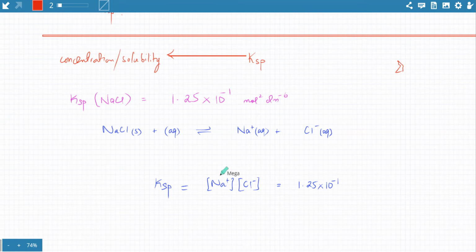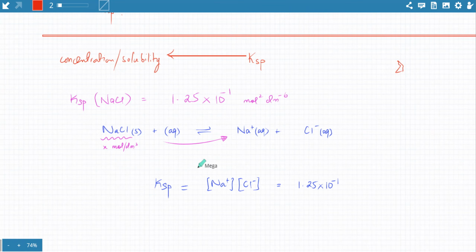So how do you find concentration? Now you don't know how much NaCl is actually dissolving, right? You don't know what the solubility is. So I'm going to assume that x mole per dm cube has dissolved. That's an unknown, and my assumption is that x moles per dm cube has actually gone into the solution.